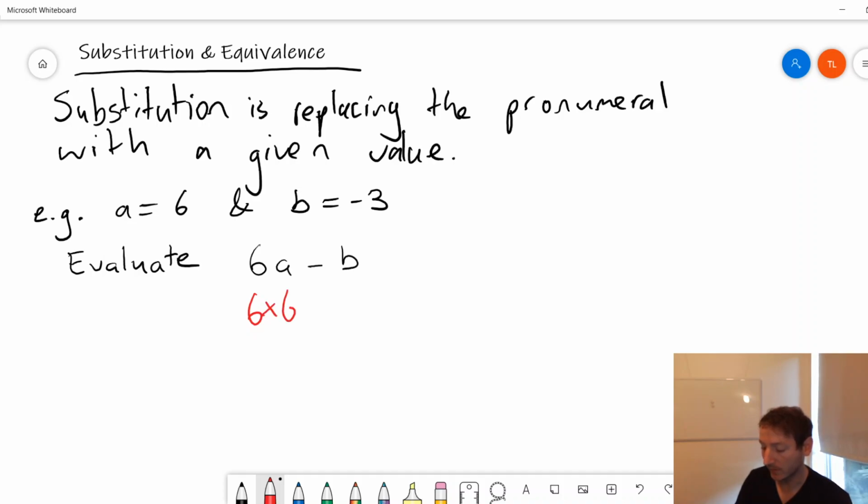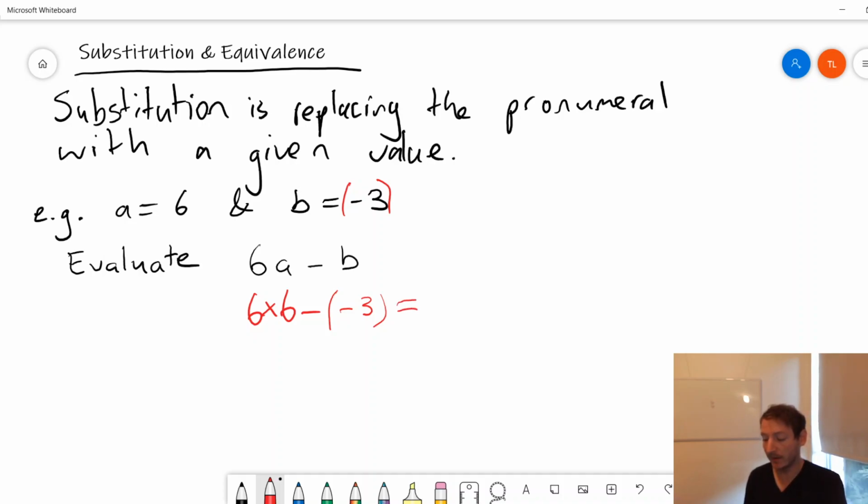So 6 times 6, because A equals 6, minus, and I'd really recommend putting brackets around any negative number that you are substituting in, because you're much less likely to make mistakes. -3. So those brackets don't actually do anything. There's nothing happening inside those brackets, but there'll be times when your calculator will stuff it up badly if those brackets aren't there, so it's a good fail-safe.